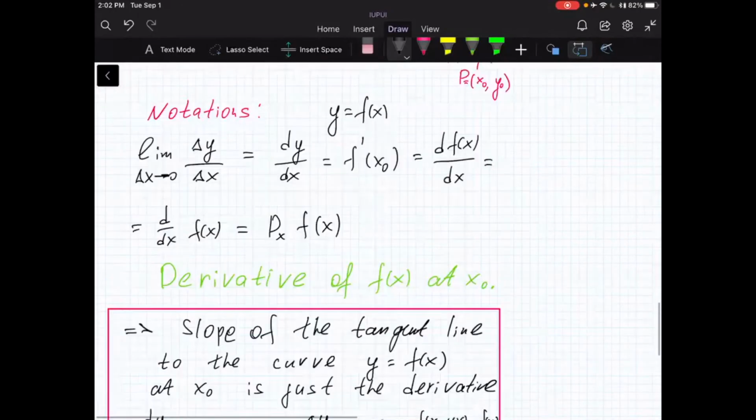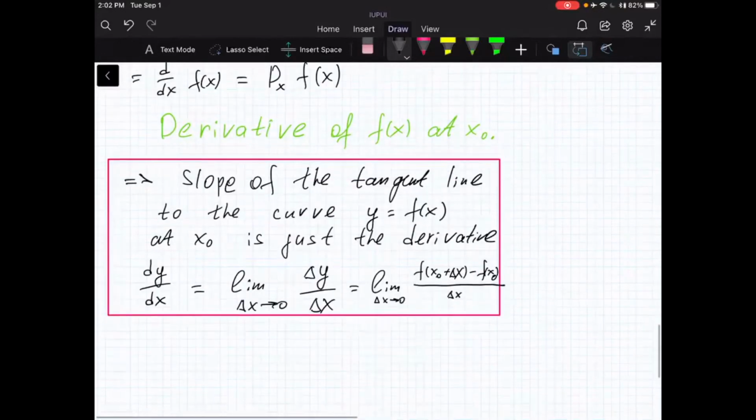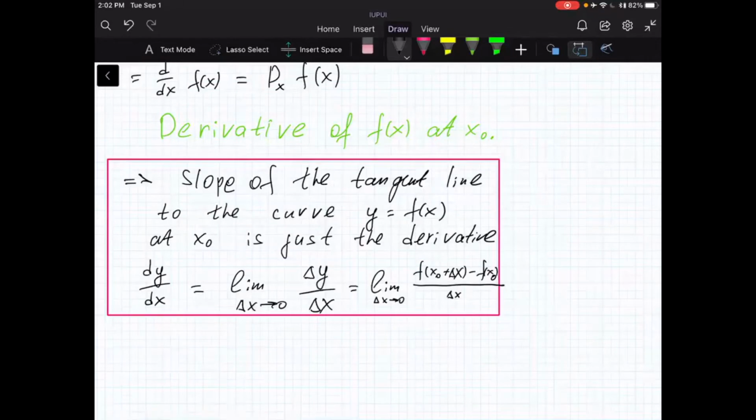So this is the main result of section 2.3. If you have a curve y equals f of x, then you can find the slope of the tangent line by calculating the corresponding limit, which is called the derivative of the function.